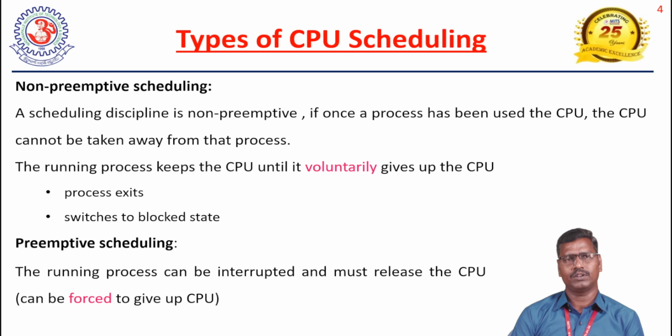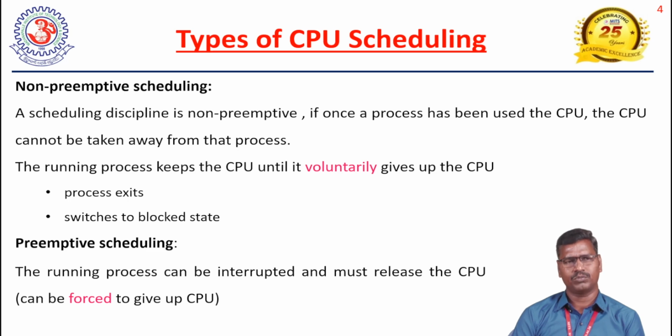A scheduling discipline is non-preemptive if, once a process has been given the CPU, the CPU cannot be taken away from that process. The running process keeps the CPU until it voluntarily gives it up, either when the process exits or when it switches to a blocked state. These are the things performed in non-preemptive scheduling.